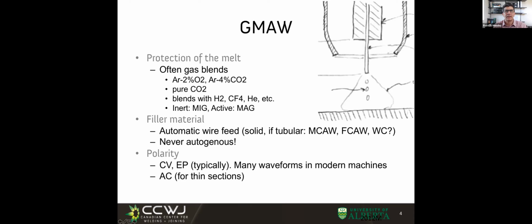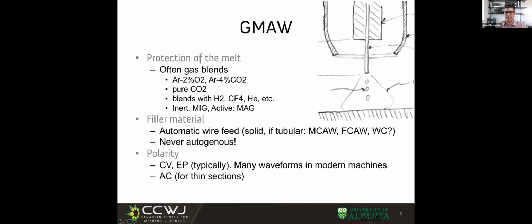And the weld is a lot better. So typically for welding steels, you're going to see mixtures that are not pure. They would have a little bit of oxygen or a little bit of CO2.